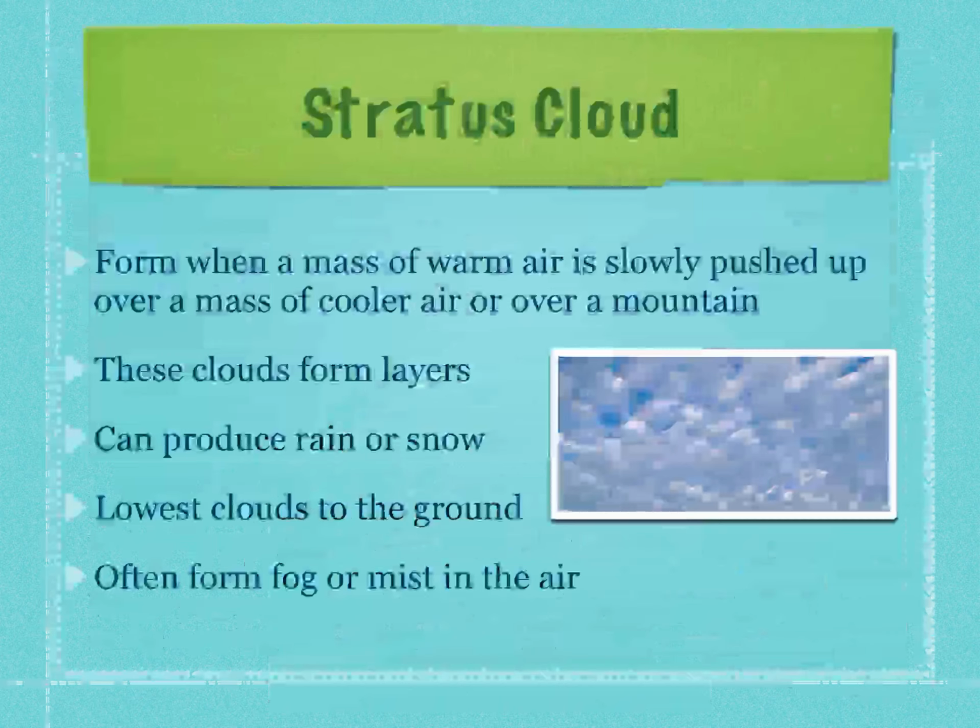Okay, there's no bright sun, and it could be a foggy day maybe too, or kind of misty outside. And usually these clouds are really, really low to the ground, and sometimes they can produce rain or snow when you see them.